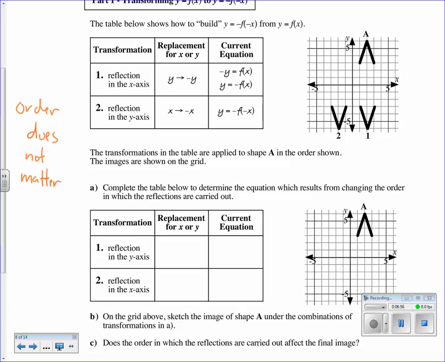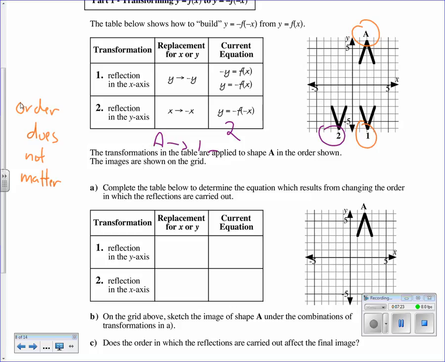They first made y equal to minus y. So that went from graph A to graph 1. And then they reflected in the y-axis, which took graph 1 and turned it into graph 2. So we've got this graph that switches from position A to position 1 to position 2.